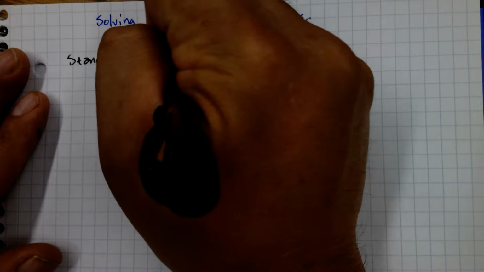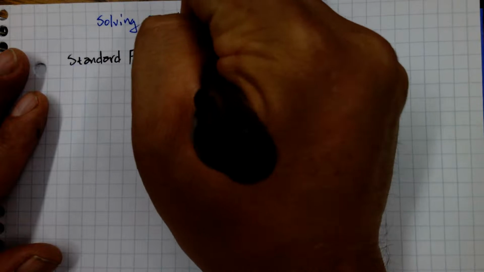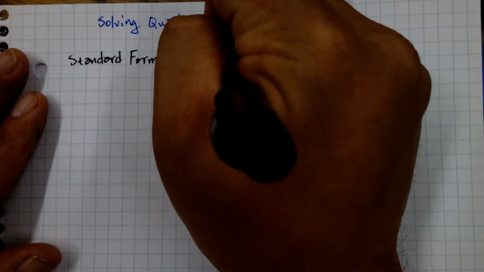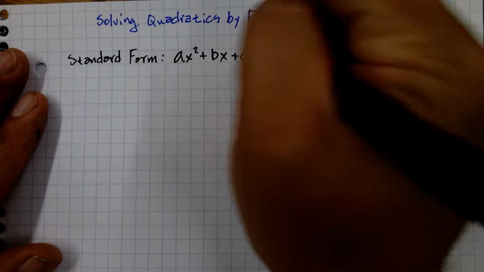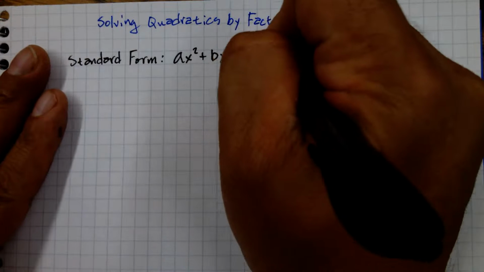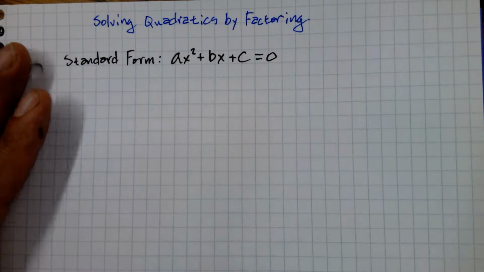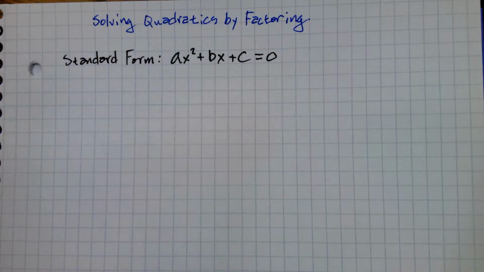is when we write equations this way: ax squared plus bx plus c. And this time we're going to do the following: equals 0. We always want to set our equations equal to 0. Seems kind of weird.